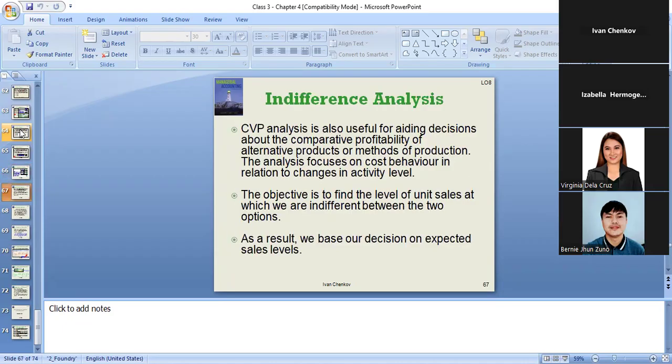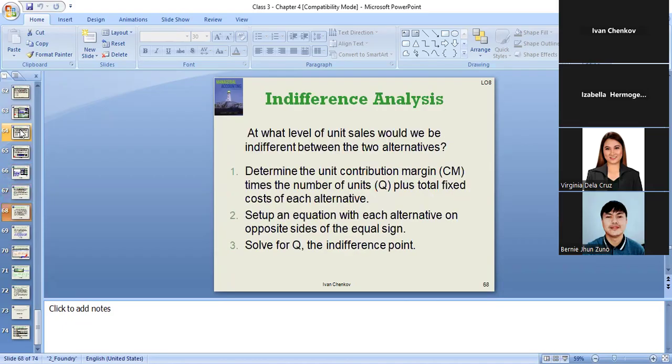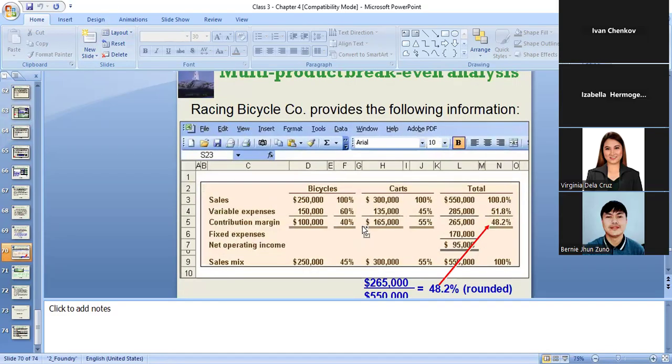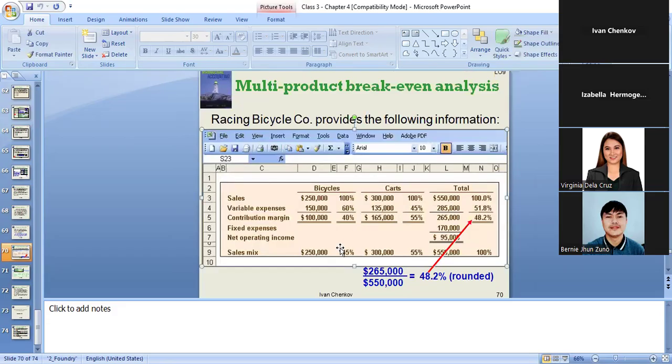The last thing that I want you to know is how we're going to deal with mixed products. If we have two products in our sales mix, the contribution margin per product is irrelevant in this case. What we have to do is get the total.